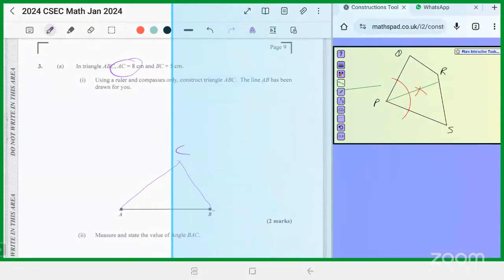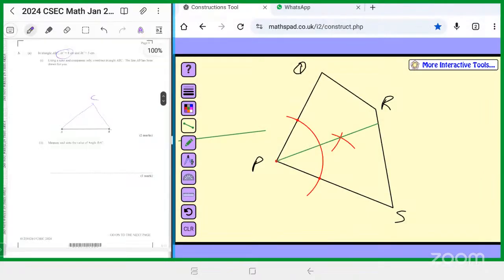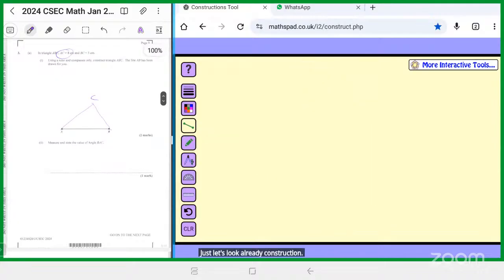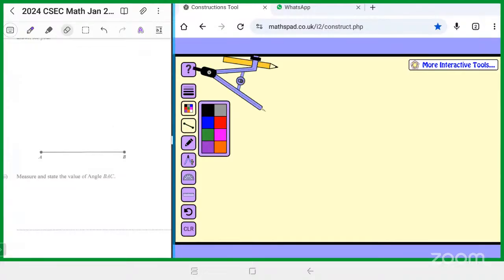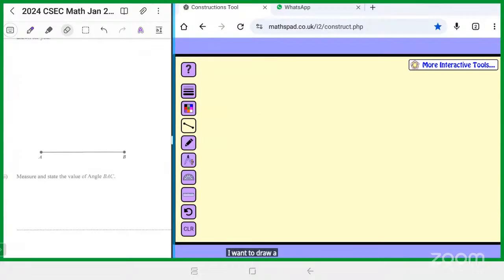Let's look at how this will be constructed. I'm going to draw a line to start with, AB.